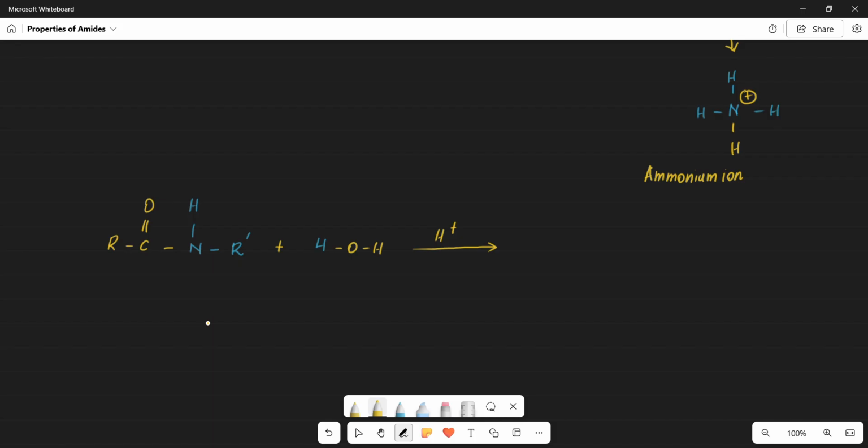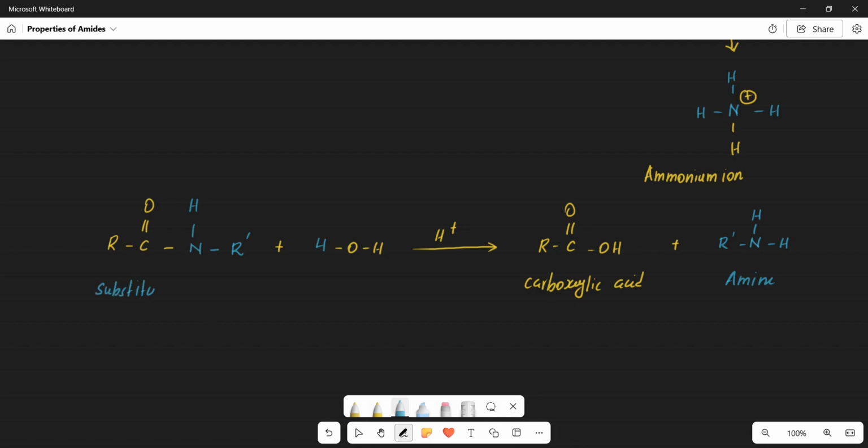Now again the yellow ones are together, R C double bond O OH. It's a carboxylic acid. Plus the blue ones are together, R dash N H H. So I'm getting an amine.